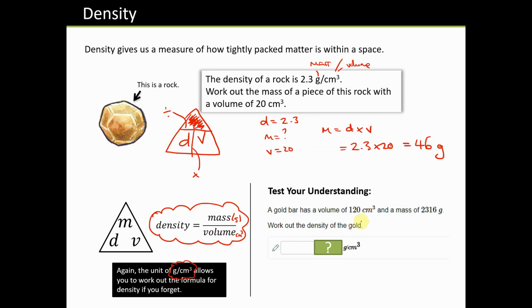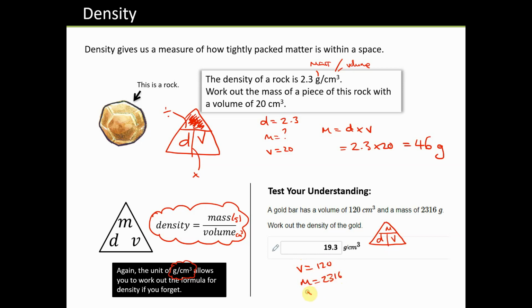Okay, maybe you want to have a quick check yourself. I'll go through this one again as another example. So if you got 19.3, well done. Bear with me as I work through this one a little bit. So density equals mass over volume. Draw your triangle out. We've got the volume is 120. We've got the mass is 2316.